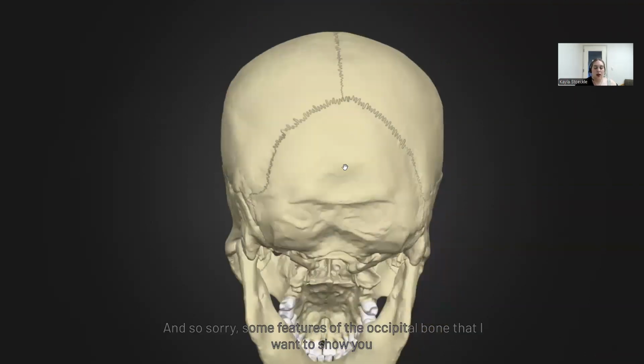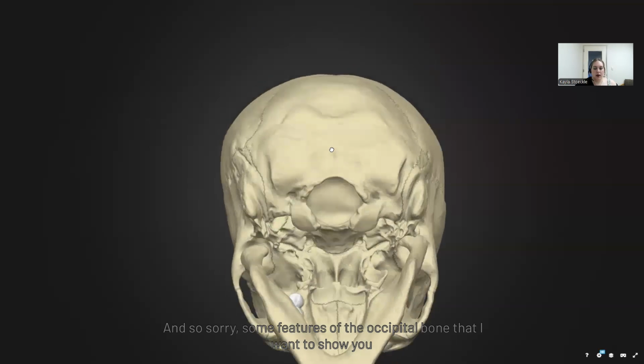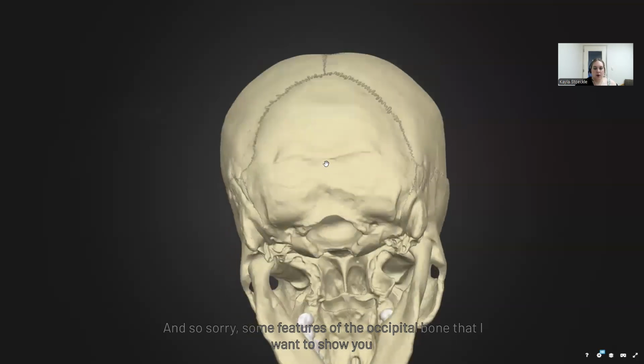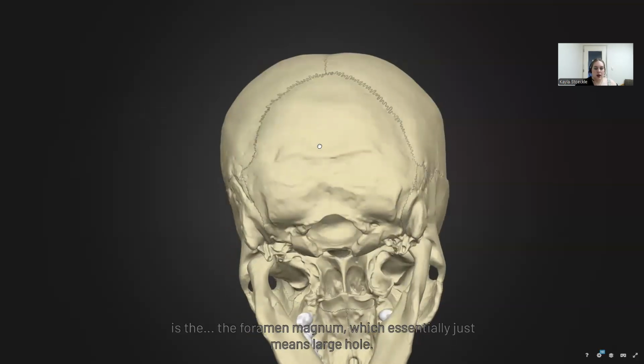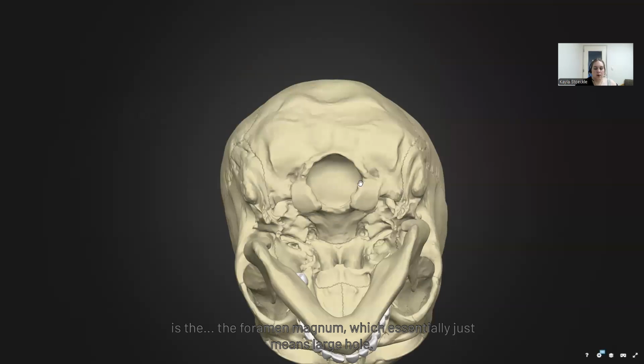Some features of the occipital bone that I want to show you is the foramen magnum, which essentially just means large hole. And this large hole is the hole that your spinal cord is going to go through, and then the vertebrae are going to attach very closely, attaching to the occipital condyles.